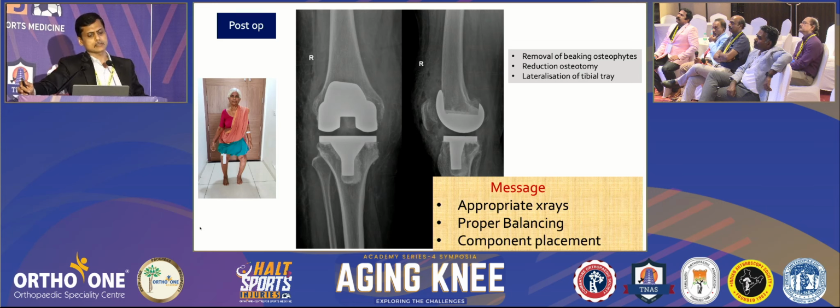Sometimes slightly undersizing the tibial tray, accordingly you plan the femoral component to match it, and then the reduction osteotomy. These small tips and procedures help us get the right result, rather than resecting too much and then putting in a bigger insert, adding a stem. All those things can be avoided, considering this as a primary knee, to conserve the bone for the next procedure.